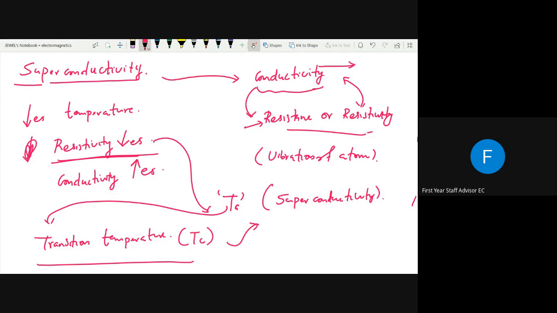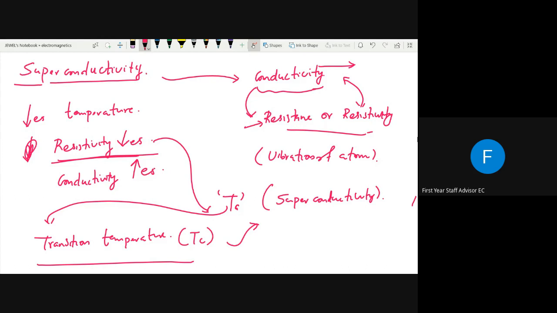Resistivity means these conducting electrons, moving through the surface of a material, will suffer some collisions, or will get blocked by a lot of vibrating atoms and other electrons, and that is the source of resistivity and resistance. But when we decrease the temperature of a material, or cool it below a transition temperature Tc, the vibrations of atoms will freeze or stop.